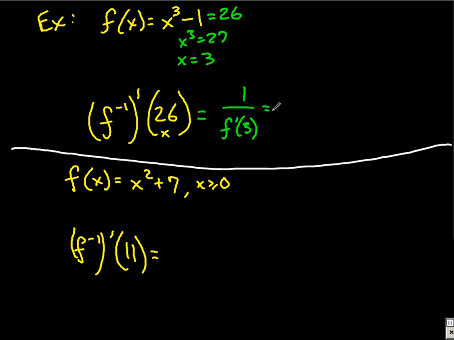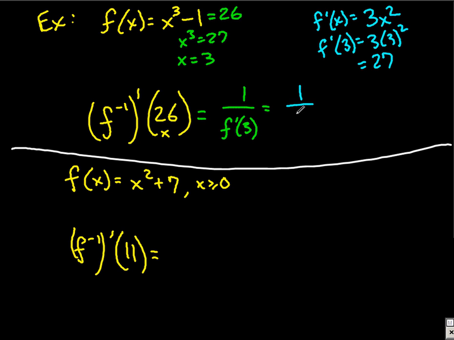Now what is f prime of 3? We just use our regular differentiation. How do I find that derivative? That would be 3x squared. So f prime of 3 would be 3 times 3 squared, which is 27. So this answer is 1 over 27.